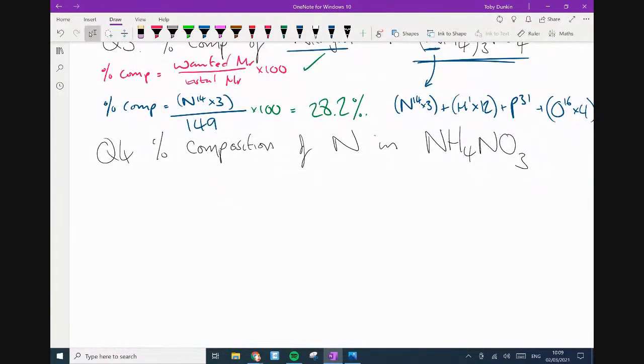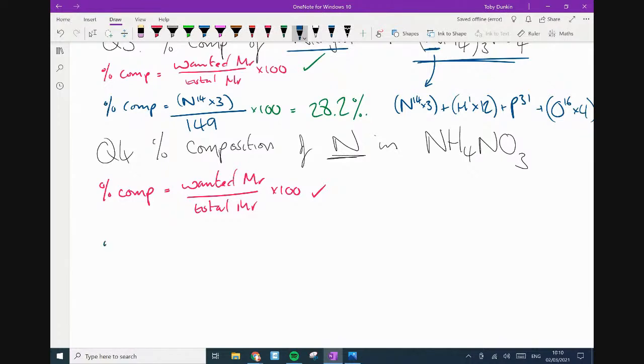Last one, I just wanted to show you that the nitrogens could be separated in this example. So step number 1, percentage comp equals wanted MR over total MR times 100. 1 mark. Right, I want nitrogen. There are 2 nitrogens in this.